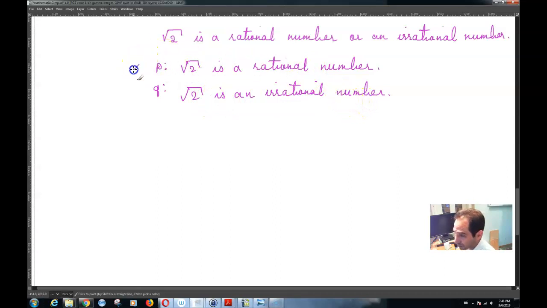Of course, you know that this is false and this is true, so the compound statement is true. And the OR that we have used here is an exclusive OR, because if this is true, then the other one is false. If that is true, the other one is false.